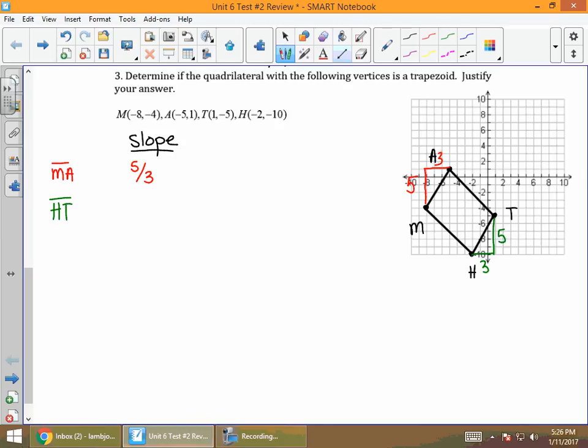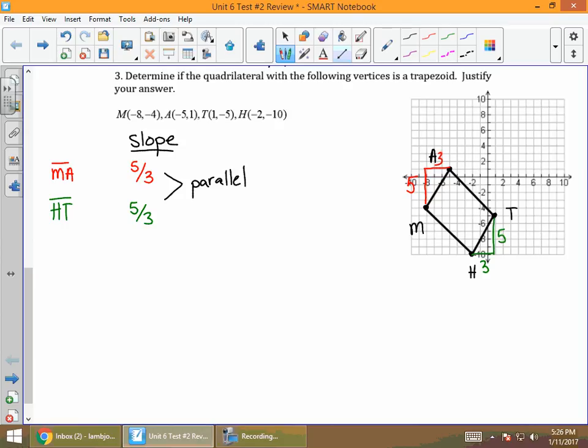So again, it's a rise over run. So I rise 5 and I run 3. These two sides have the same slope. They are parallel. That's good. In order to be a trapezoid, I do need 1 pair of parallel sides. Now I need the other pair to not be parallel. I need something else. No parallel.